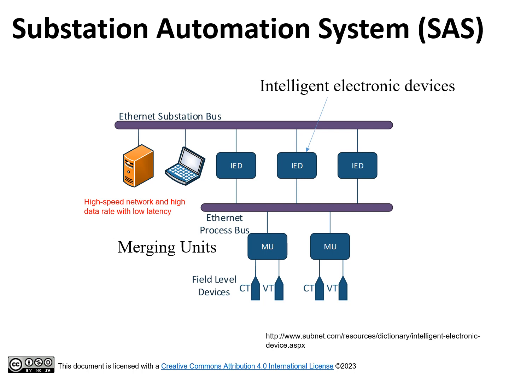IEDs can receive measurements collected by merging units and send control commands over the Ethernet process bus using layer 2. To perform interlocking, coordination, and communication with the SCADA system, IEDs are connected to another Ethernet-based network called the substation bus. All communication over the substation bus usually uses IP-based protocols.